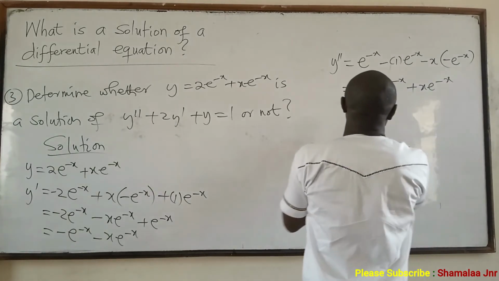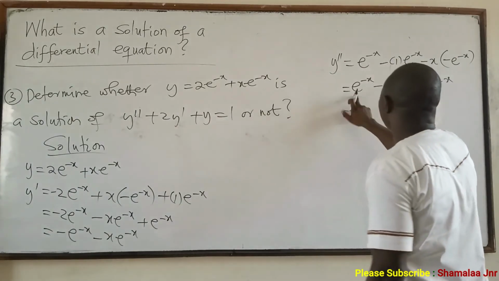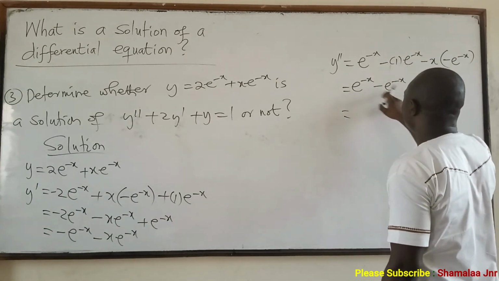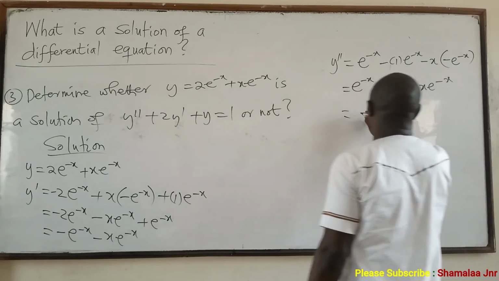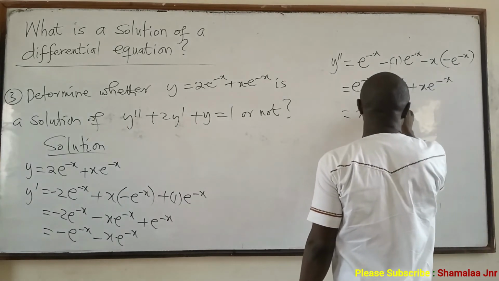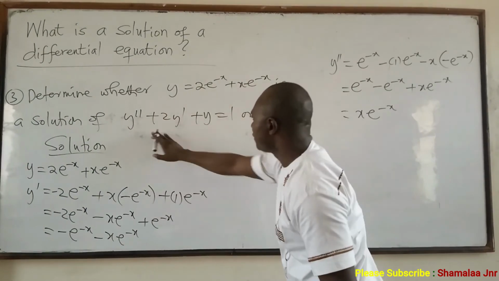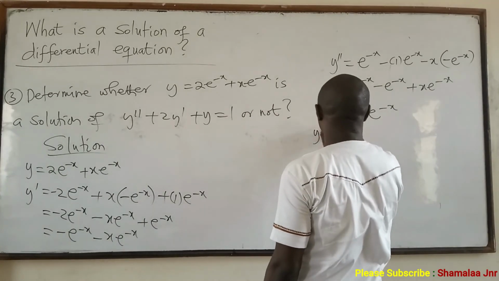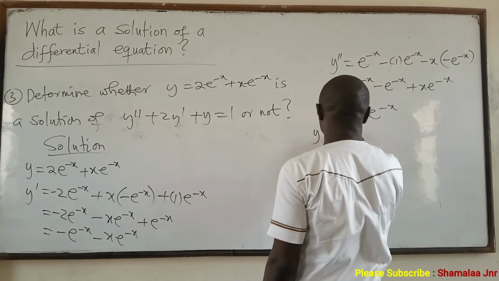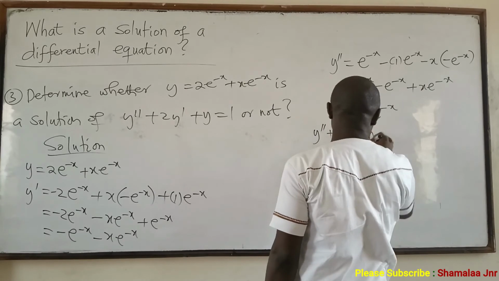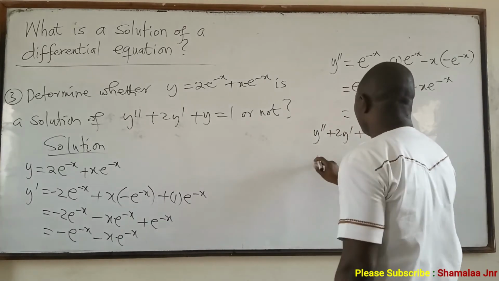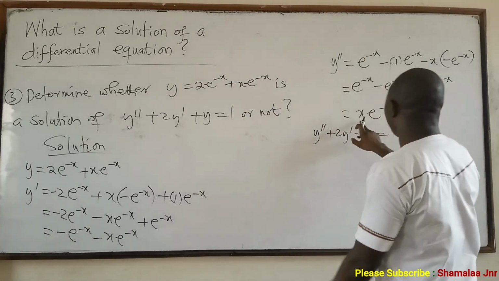Are you seeing it? Now look on the board. This will cancel this. This positive and negative, they will go. We are going to have x exponential of negative x from this one. So we have y prime prime plus 2y prime plus y equal to 1. Let's do the substitution. Y prime prime is now this.